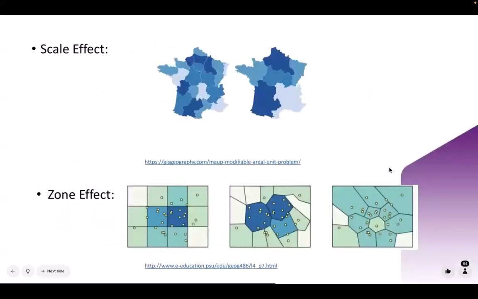We show this with a very quick example. In the top map, we see the scale effect. We see how the level of aggregation affects analysis. In the left map, we see far more areas, and on the map on the right, we see far fewer areas.